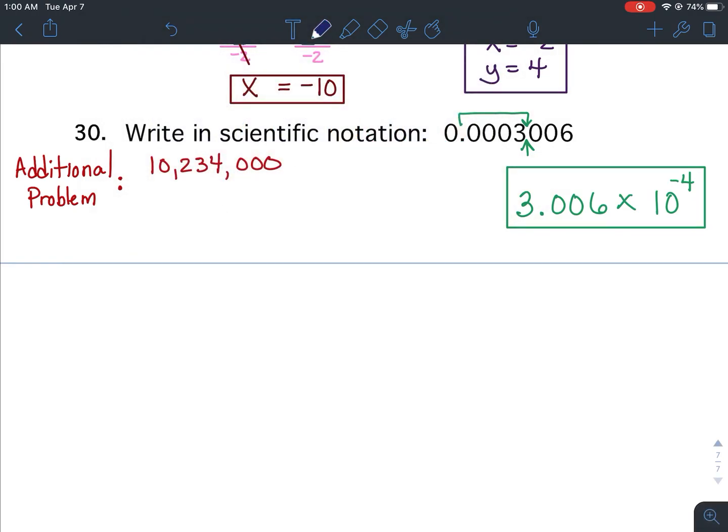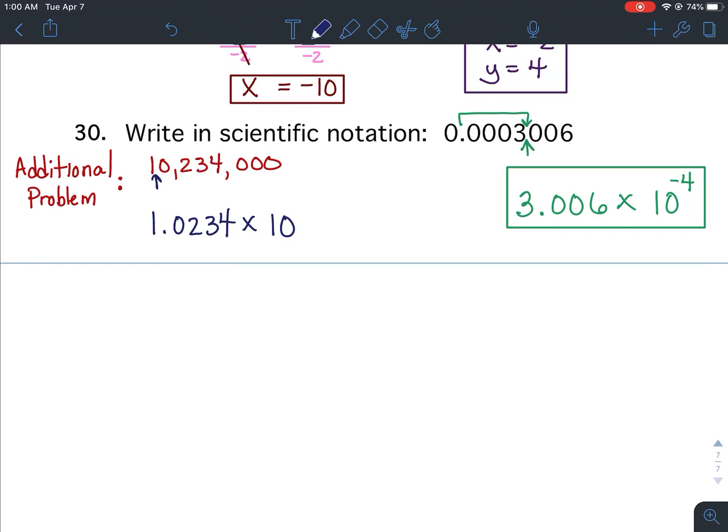Okay, so this problem, my first non-zero number is this 1, so the decimal will go after the 1, 1.0234 times 10. Remember, it's the first non-zero number to the last non-zero number. First non-zero to the last non-zero.